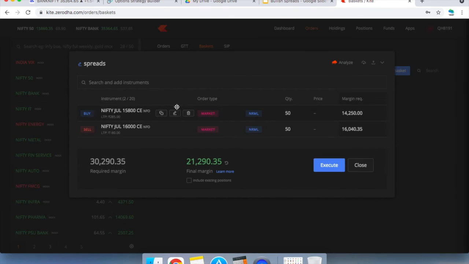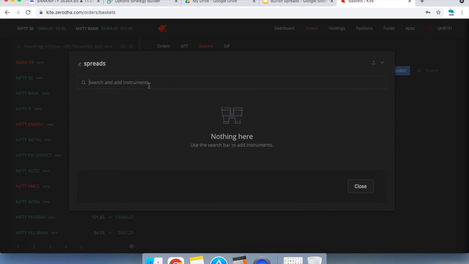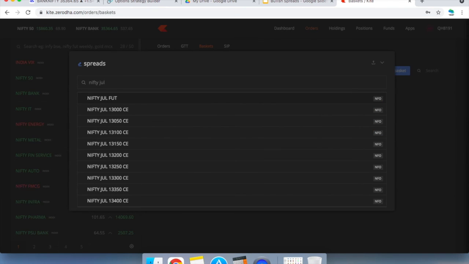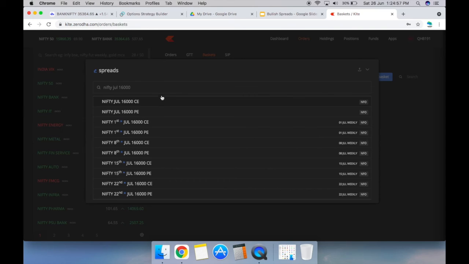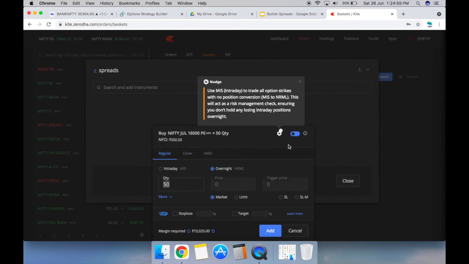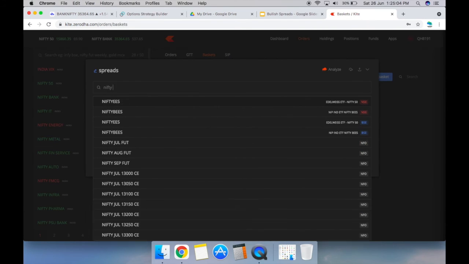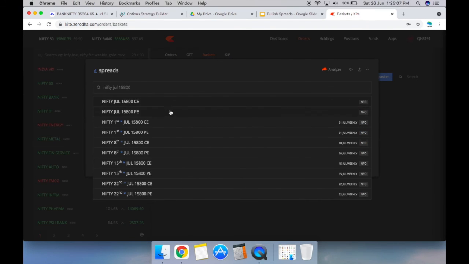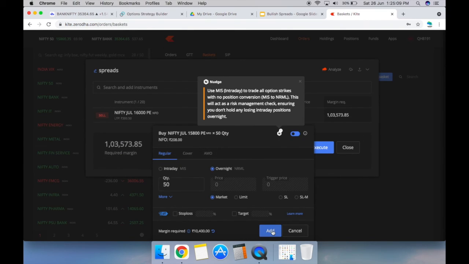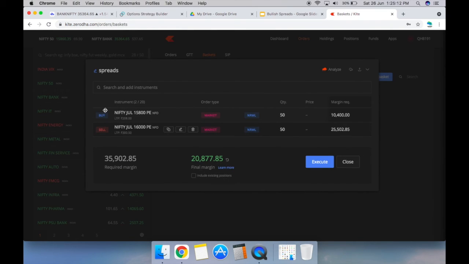The buy has to happen first, right? It's a bull call. Now Nifty July 16,000 put, you are selling it, and Nifty July 15,800 put, you are buying it. Put the buy first, and here is your strategy, which is a bull put spread, right?